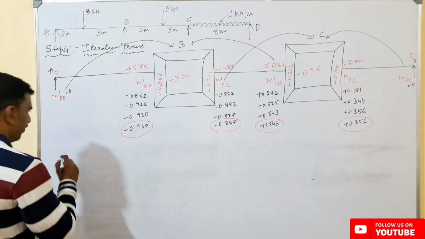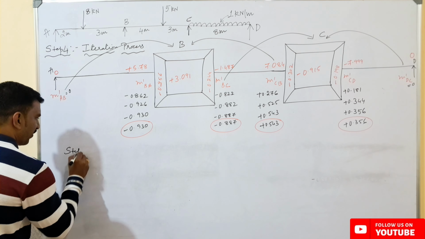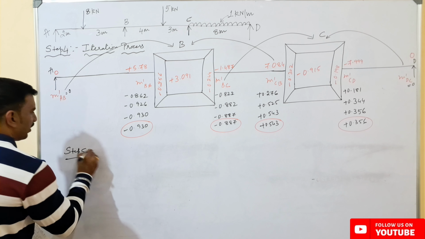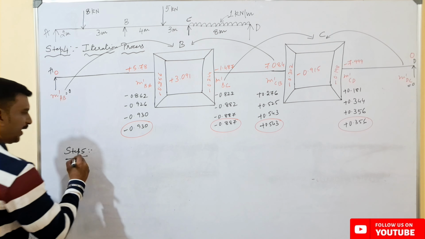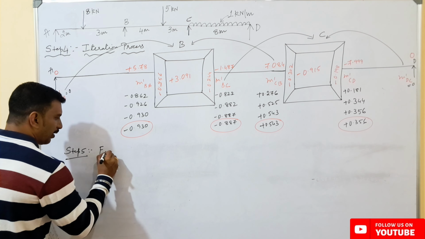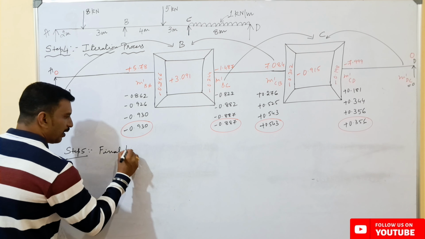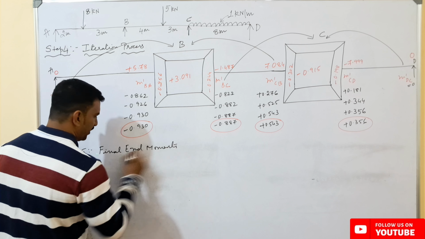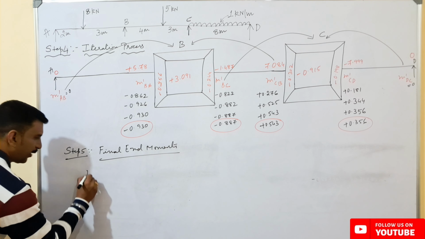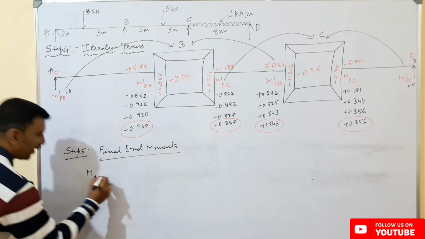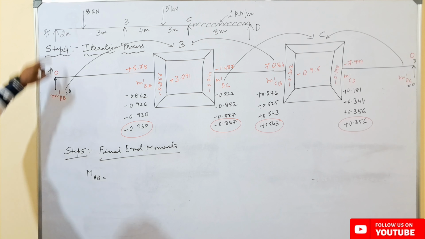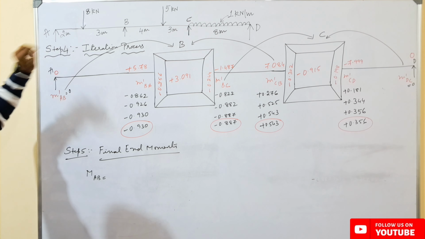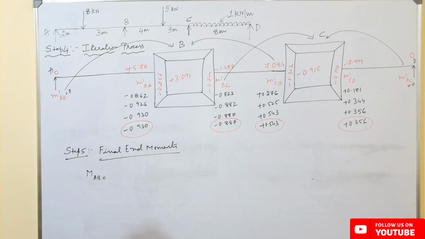So the final step, the last step, will be to calculate the final end moments. If we need to calculate the final end moment from point A to B, since we know point A is a simple support over here, in the second step we have done the modification of fixed end moment.